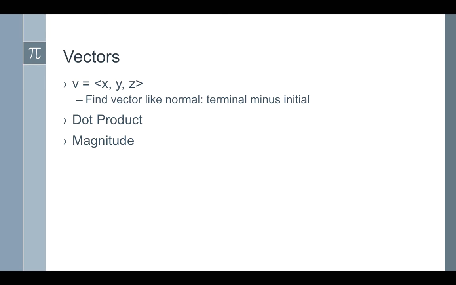You always find a vector like this: when I tell you to find the vector from 1, 3, 7 to 7, negative 2, 6, this is my initial, this is my terminal. So I need to do terminal minus initial to get the vector: 7 minus 1 is 6, negative 2 minus 3 is negative 5, and 6 minus 7 is negative 1. That is the vector going from initial to terminal.